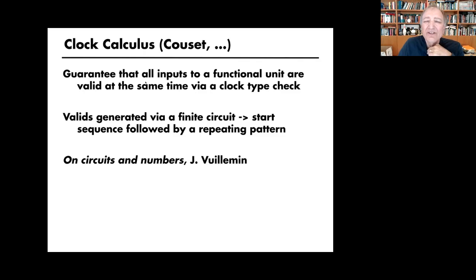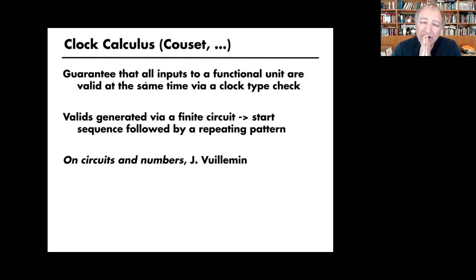If you had two signals, let's say you're going to compute A plus B, and A and B were these clocked signals with valids, then you would like to guarantee that every time an A arrived that was valid, there would also be a B there that was also valid, and that you never had an A that was valid arriving at the same time that you had a B that was not valid.